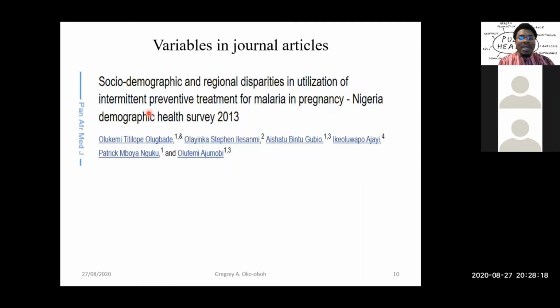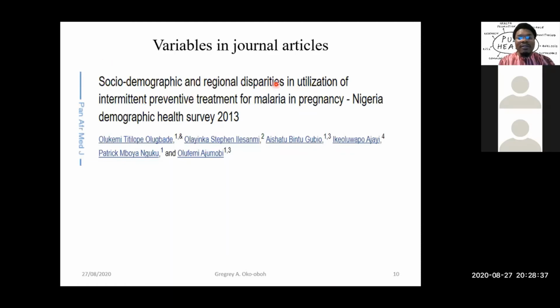Utilization of intermittent preventive treatments for malaria in pregnancy. That is the outcome or dependent variable in this title. And what are the independent variables? The independent variables here are the social demographic and regional disparities.